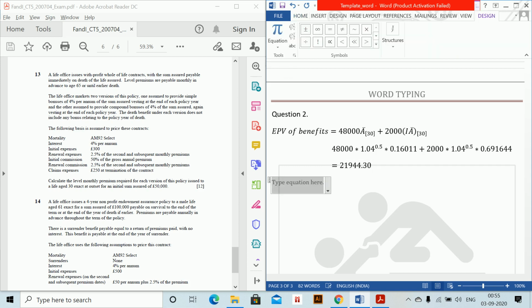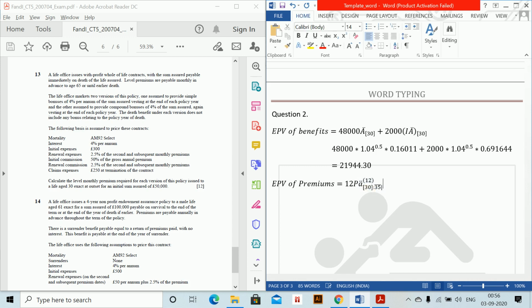So this is there. Then EPV equals to EPV of premiums. This is equals to 12P and a due. We need a due 30 to 35, and this is a monthly premium. So 12. Okay.